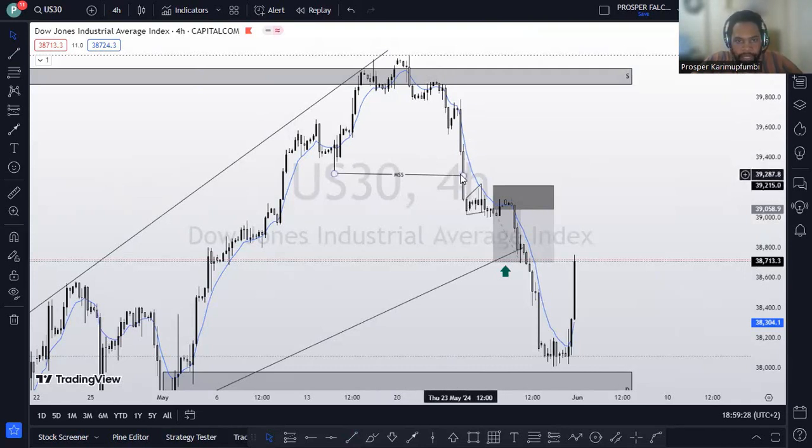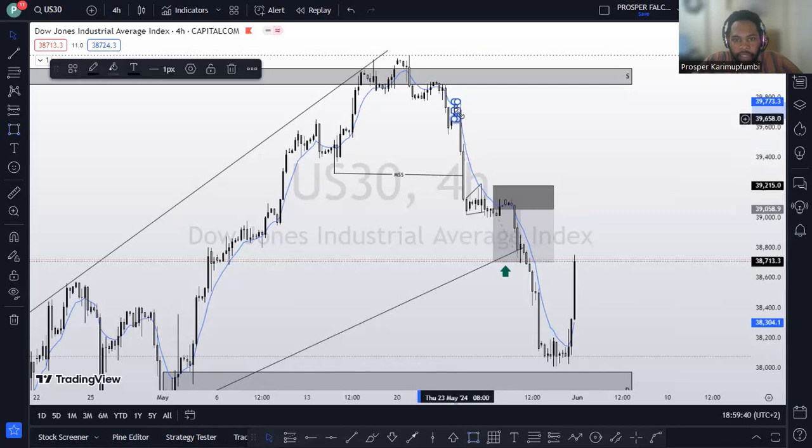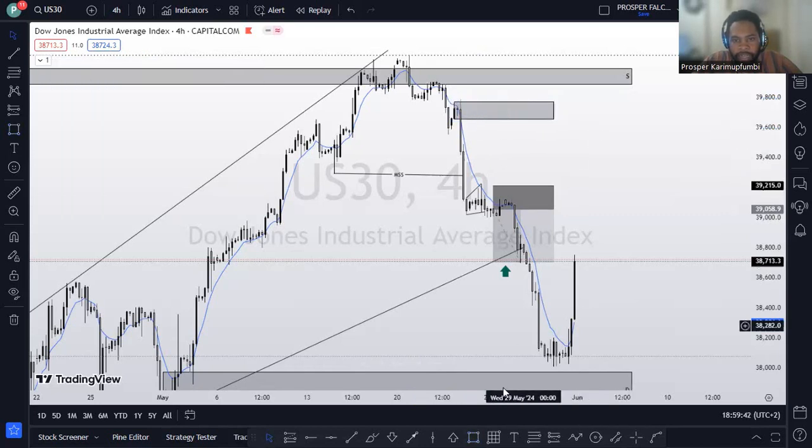Sometimes when the asset gives us a market structure shift, it has to come back either to a supply up there or to an imbalance, and fill that imbalance for it to continue to the downside, right?